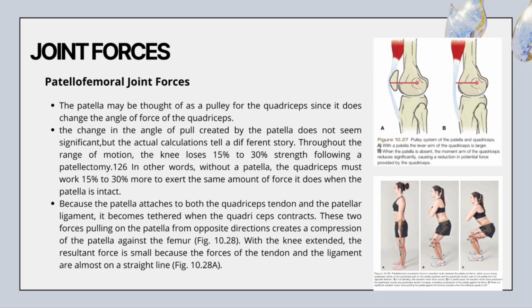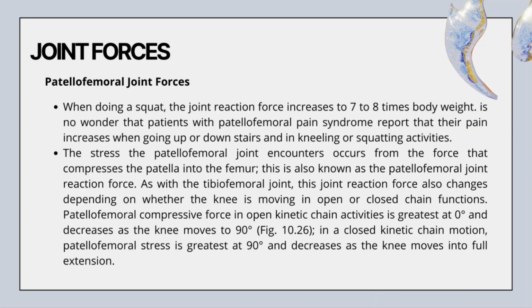The patella is stabilized by the insertion of the horizontal fibers of vastus medialis. When doing a squat, the joint reaction force increases to 7 to 8 times body weight. It is no wonder that patients with patellofemoral pain syndrome report that their pain increases when going up or down stairs and with kneeling or squatting activities.